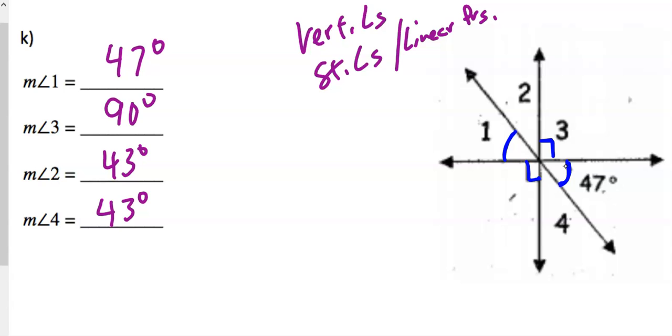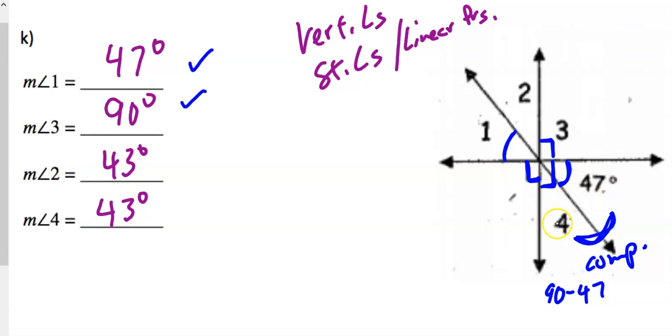Now I'm going to jump down, so I've done these two. I'm going to jump down to 4. Because if this is 90 degrees, does it make sense that this angle made up of both of those has to be 90 degrees as well? So that makes these complementary angles. So angle 4 would be 90 minus 47.